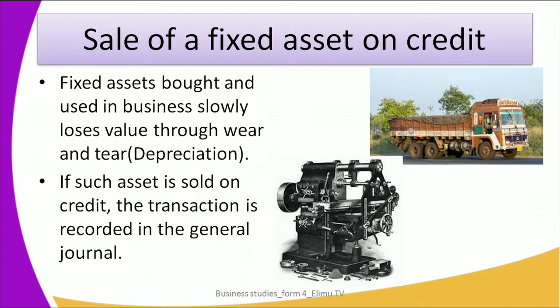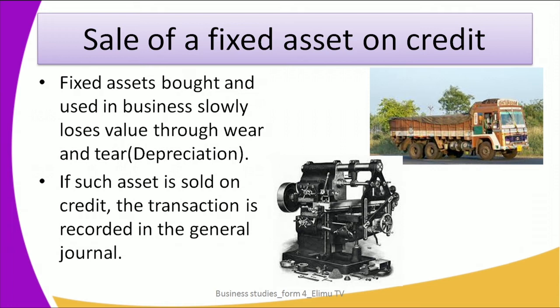What happens is that fixed assets bought and used in business slowly lose their value through wear and tear, a process we refer to as depreciation. When they get old and worn out, such an asset can be sold to someone else who may be interested.